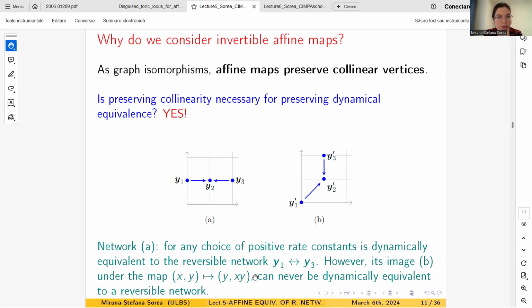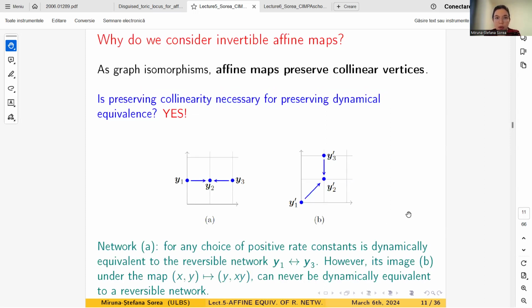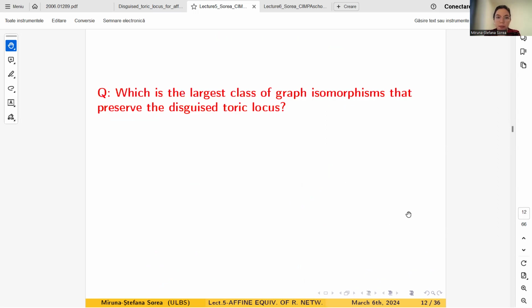And this shows that there is a problem if you lose the collinearity of vertices. That's one of the motivating reasons to work with invertible affine maps. But maybe this is also your question, if I understand correctly.